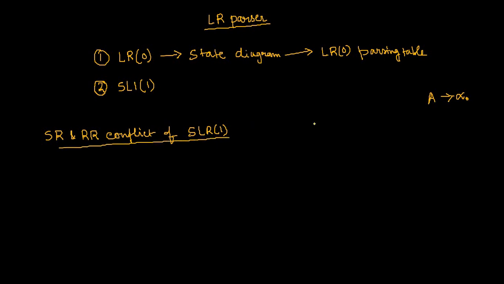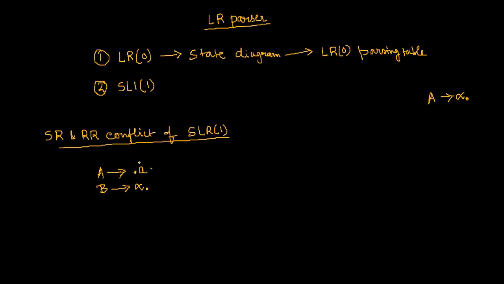As we know, a reduced entry should be put in the follow of the left hand side. That means let's take a situation, say A to something dot A is there, and I have one more entry, B to alpha dot.